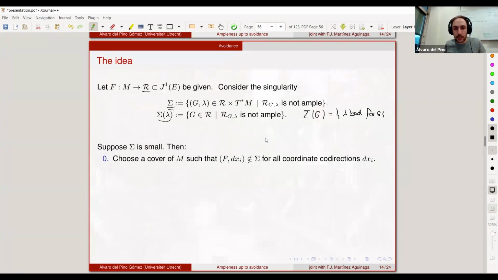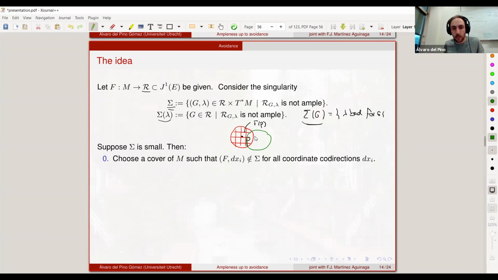So the idea, for instance, is that if we have smallness of this, what that says is I can do the following. I can go to each individual point in my manifold and get the formal solution at that point. And because most codirections are good for F, I can choose a little chart, parameterizing the codirections of the chart, such that these codirections are good for F. And now you do this at every point.